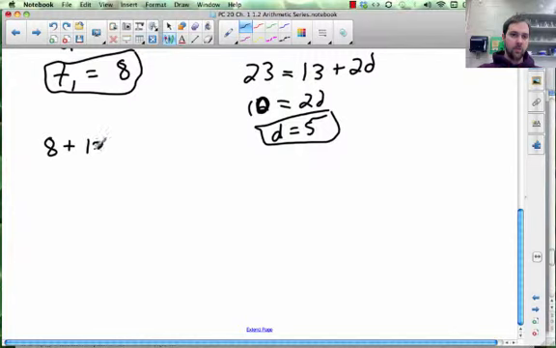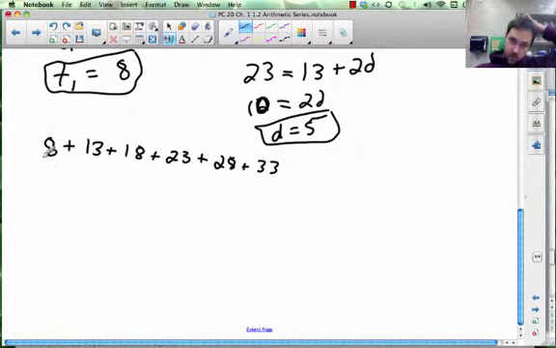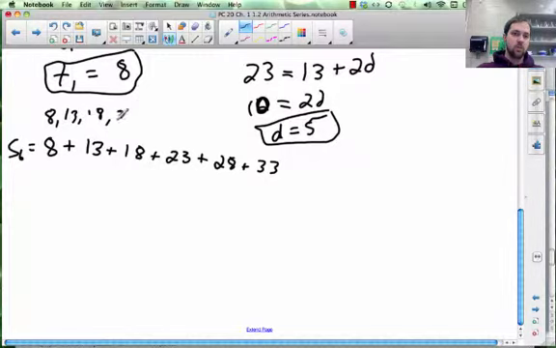So 8 plus 5 is 13, plus 5 is 18, plus 5 is 23, plus 5 is 28, plus 5 is 33, 1, 2, 3, 4, 5, 6. So these are the first terms. Now, I've accidentally written this as a series because I put the plus signs in the middle. As a sequence, it would just be 8, 13, 18, 23, and so on.